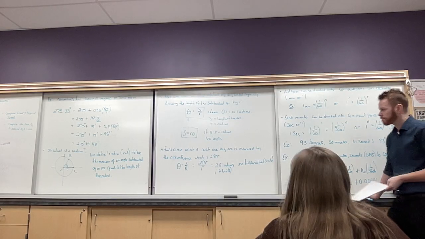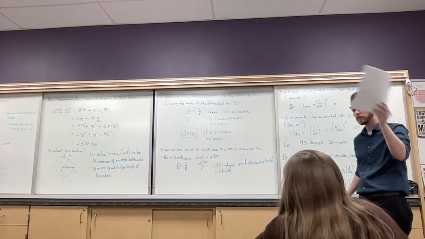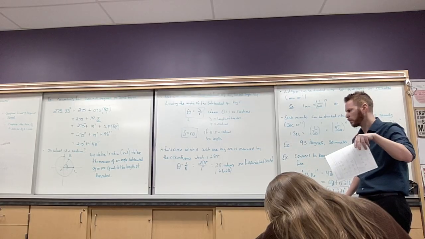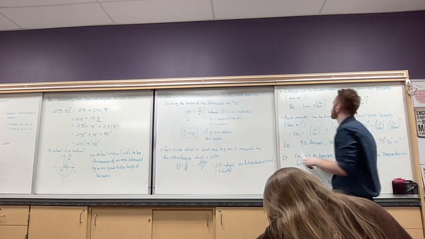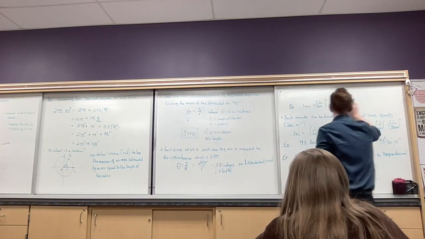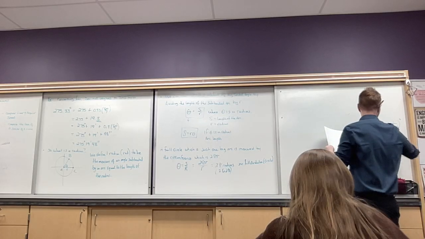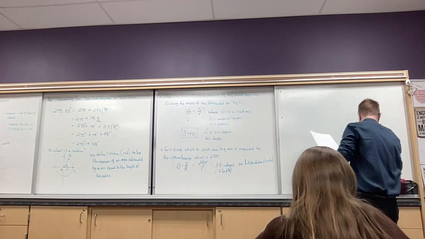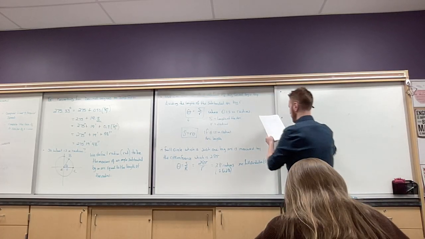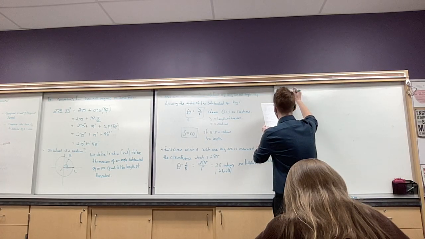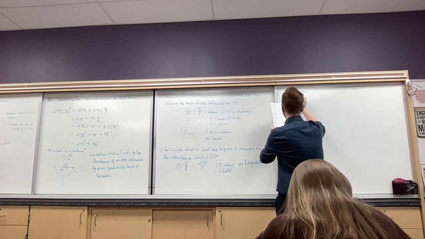Now, we can go a little further with it. Since we know what the full circle is, radian-wise, I could break the circle up into different parts. So let's say I want half of a revolution.